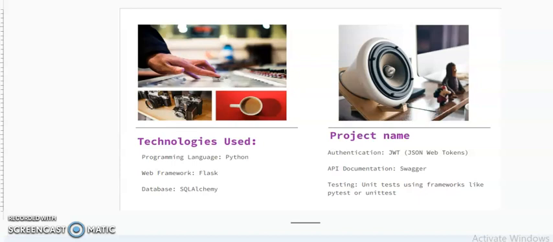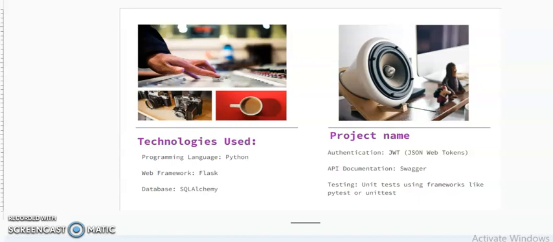In this project, I decided to use the Python programming language. The web framework I use here is Flask. The database tool is SQLAlchemy. The reason for this is so that I'll be able to interface with the database without writing raw SQL. I can actually use Python to interface with the database.